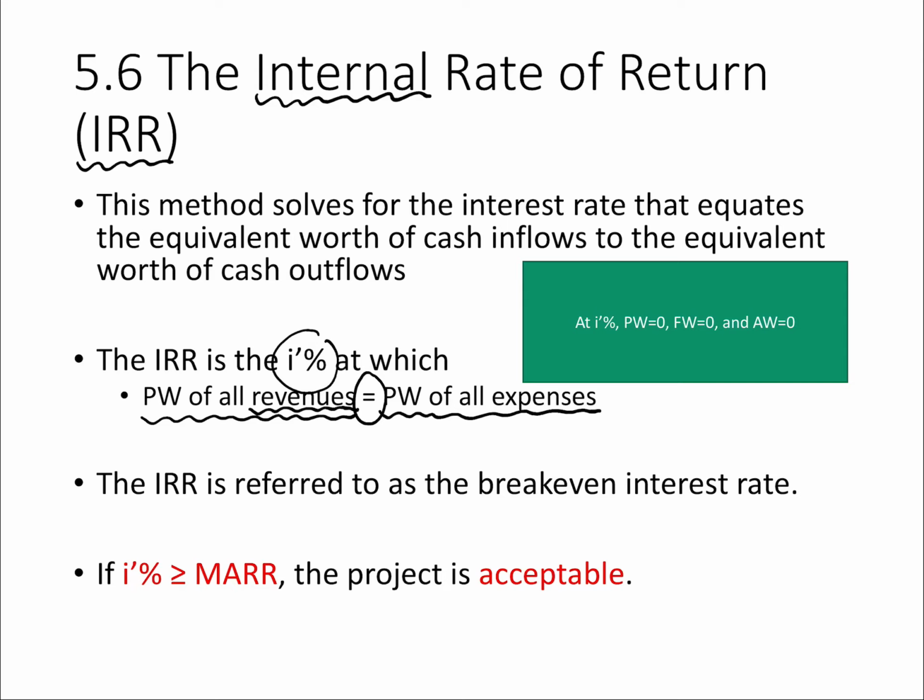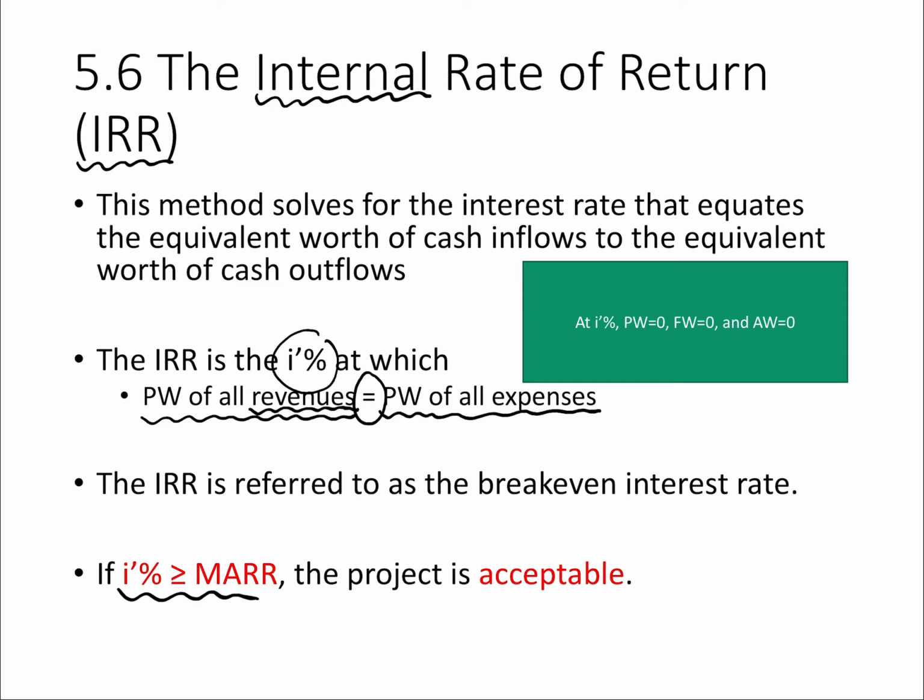So you re-input all the money you gain into the same business. This implies that the I prime, the interest rate, stays the same. That's why it's called internal rate of return, because you're still keeping the money in the same project.